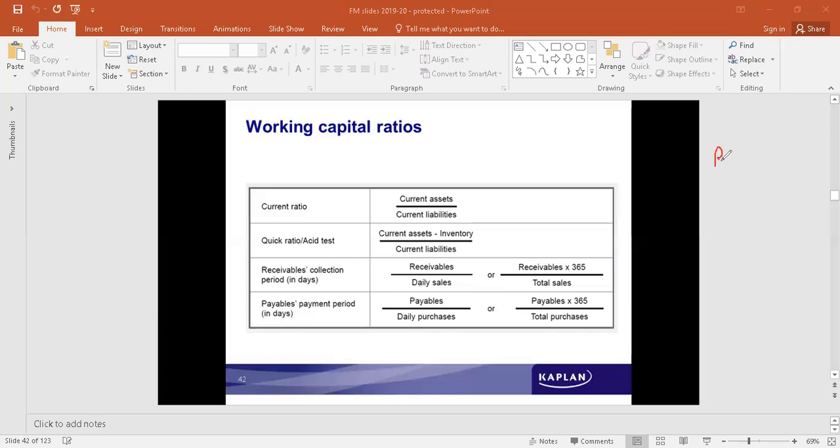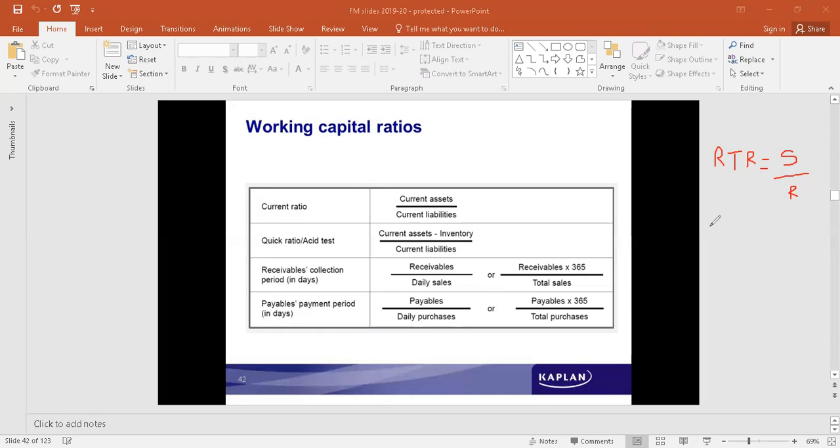If we are talking about receivables turnover ratio, turnover is always in the numerator. Logic I'm explaining to you. So we have the sales divided by the other variable, which is receivables. So we have the receivables in the denominator. So this is turnover ratio.